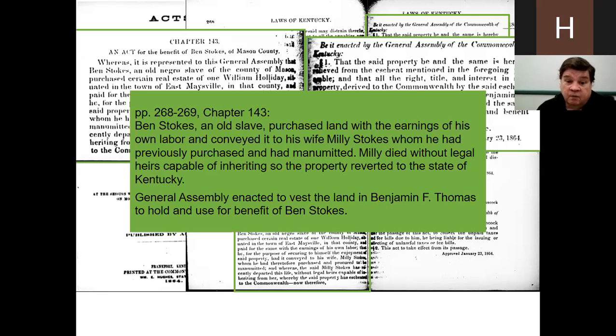I don't know. But he was somebody, and his job was to hold on to that land and use it for the benefit of Ben Stokes. So crops that were grown on it, whatever, the money would go to Ben Stokes. So that's the kind of thing a private law can cover. And it's worth looking in these books to find out these kinds of things, because you just never know.